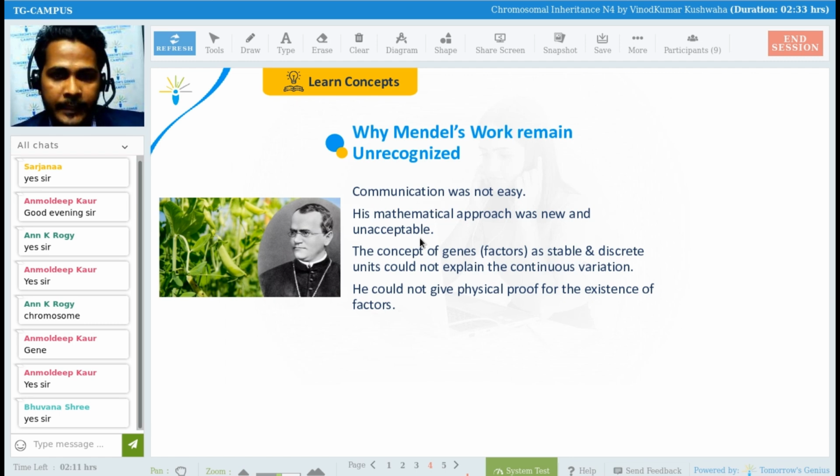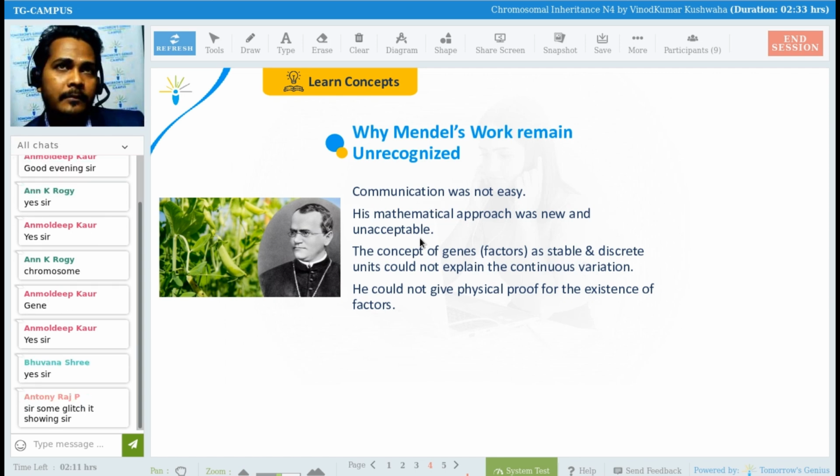We are going to start our session related to the chromosomal theory of inheritance. But first, why do we need to study this? We have already studied Mendel's genetics, so why focus on this?